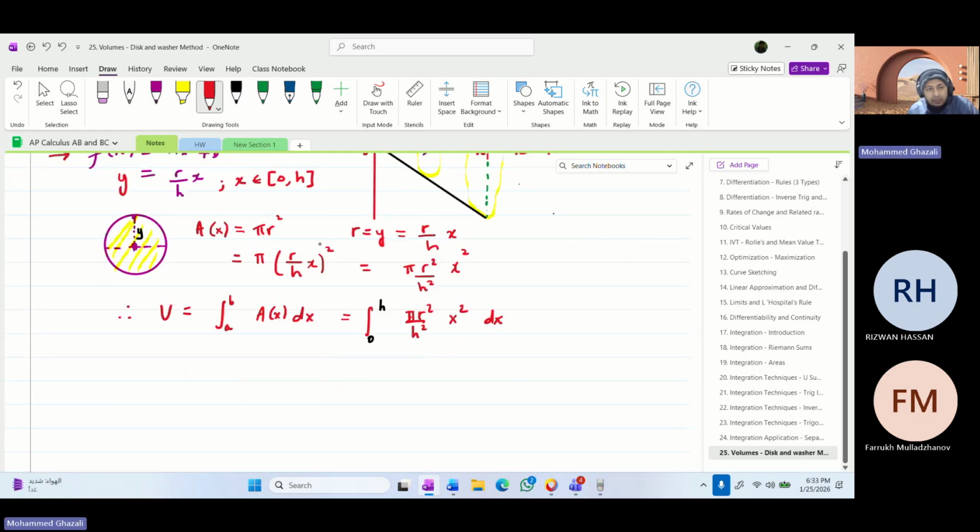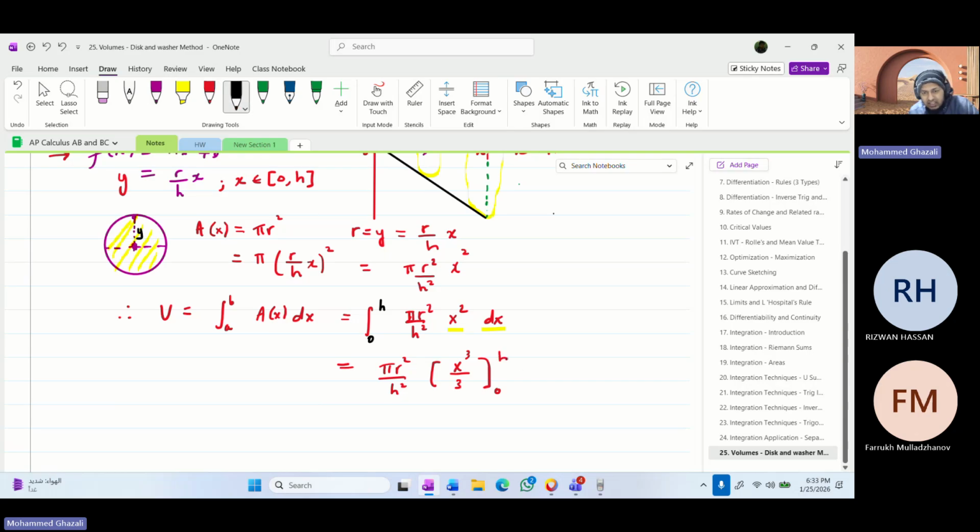Now remember, your integral is in terms of dx, so x is your variable, everything else is a constant. So you can say pi r squared over h squared is just a constant, and I'm integrating x squared, so that'll become x cubed over 3, right? And this is from 0 to h.